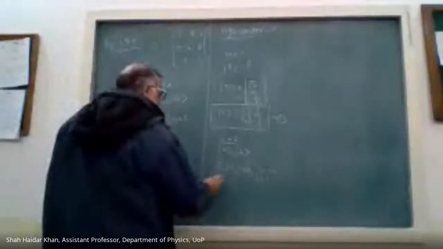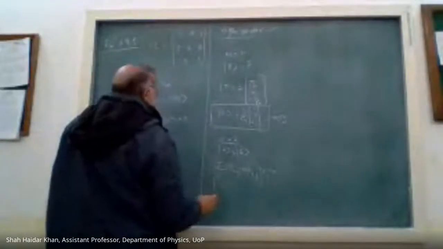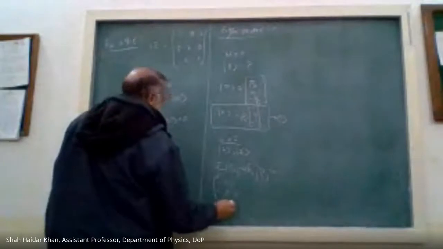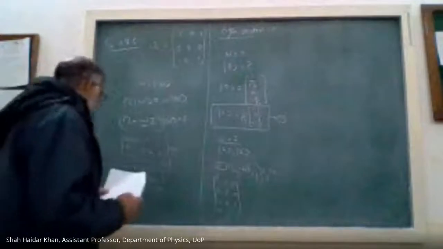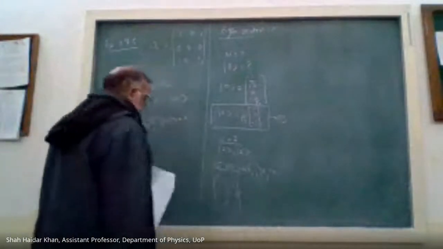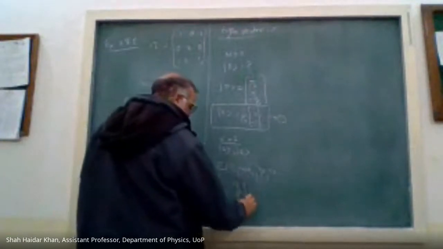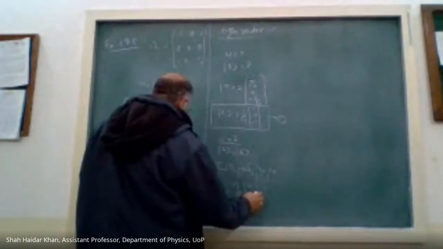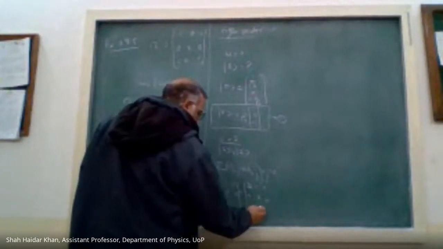is equal to 0, right? This matrix is 1, 0, 1; 0, 2, 0; 1, 0, 1, minus omega I. Since omega is 2, that is 2, 0, 0; 0, 2, 0; 0, 0, 2.